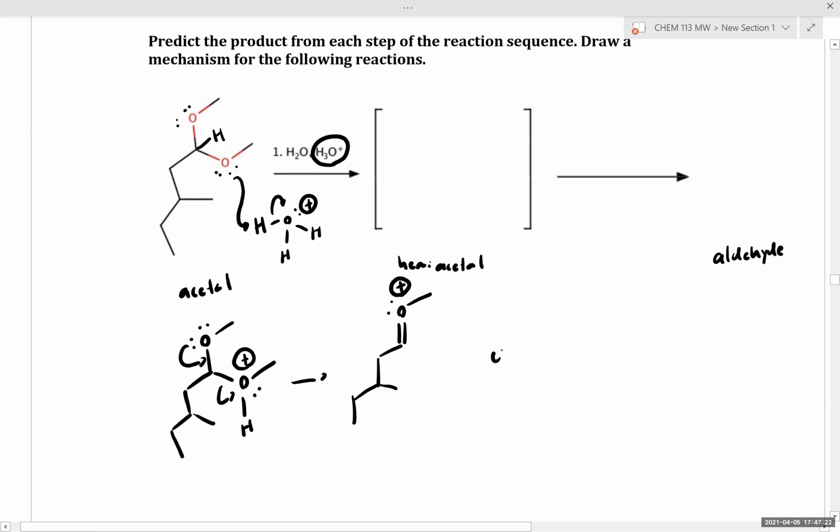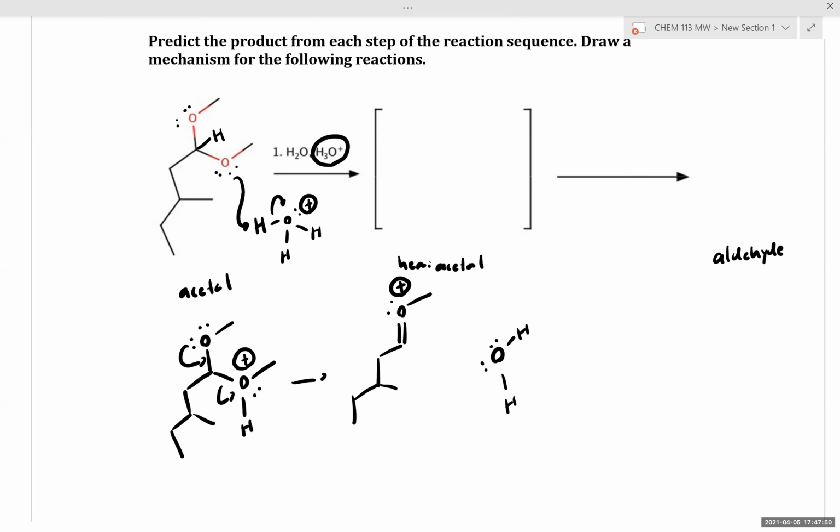And if we have water floating around, we have a lot of water, we're under aqueous acidic conditions. What's going to happen next? Under aqueous acidic conditions, we have this intermediate. We've kicked out an equivalent of alcohol. We now have this pretty electrophilic carbonyl-like functionality. So what is water going to do?